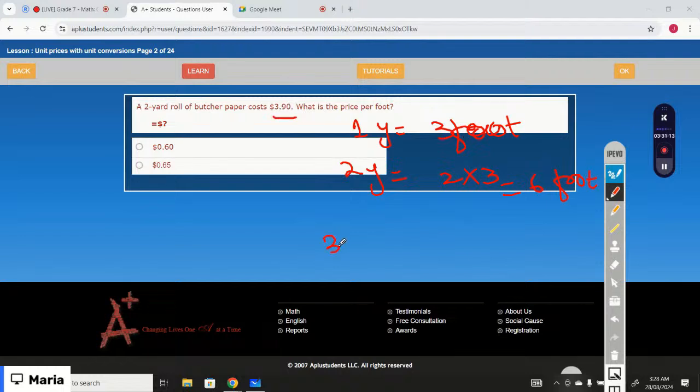Now you need to divide that 3.90 by 6. Then that would be the cost of 1 foot. Got it?